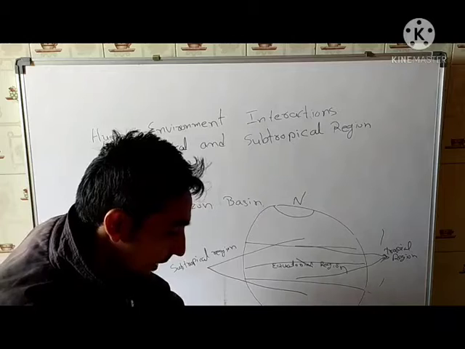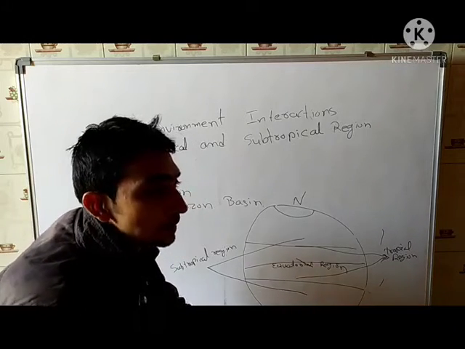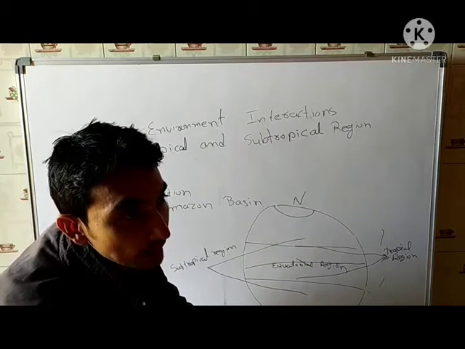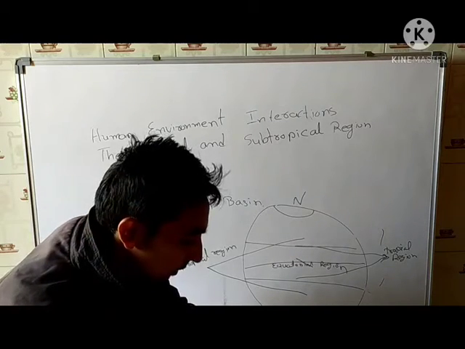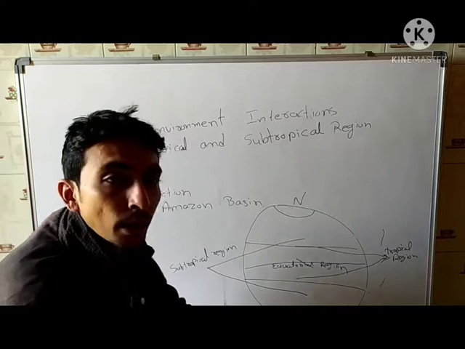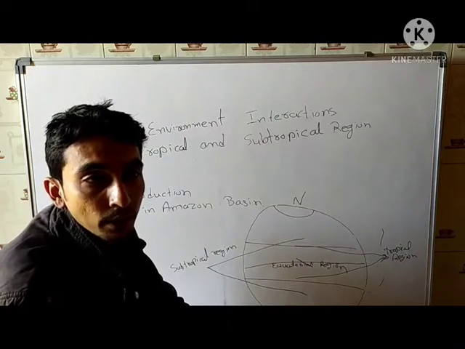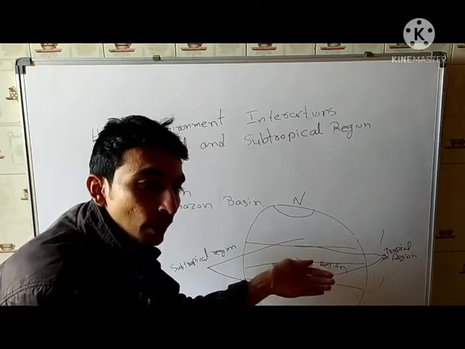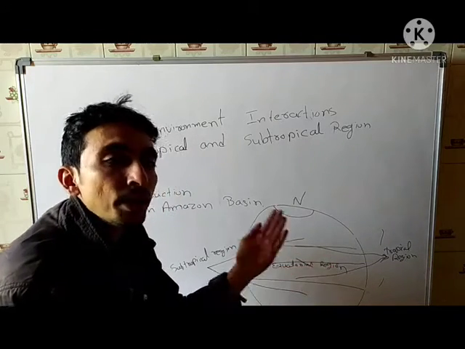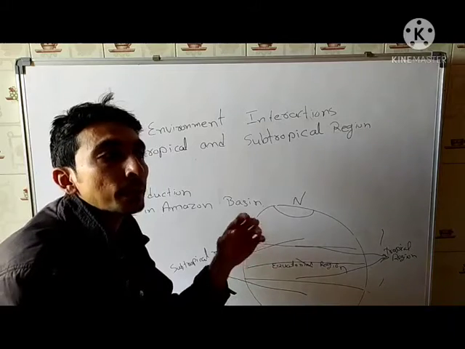Now, what is human environment? Anything that surrounds our day-to-day life, anything that surrounds us, is called human environment, right? And environment can be man-made or natural.